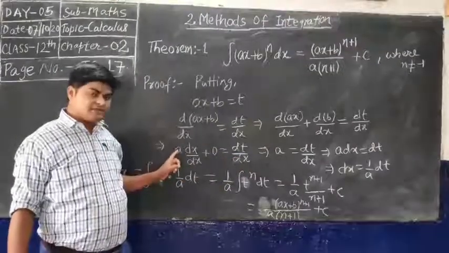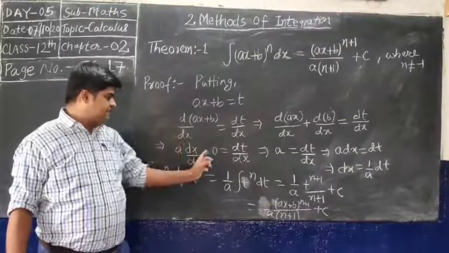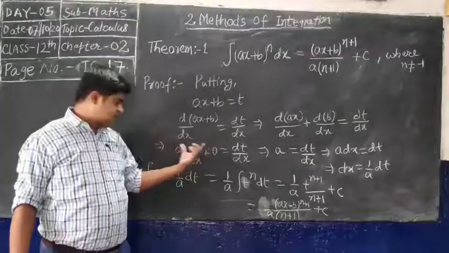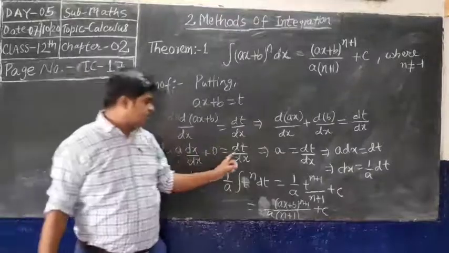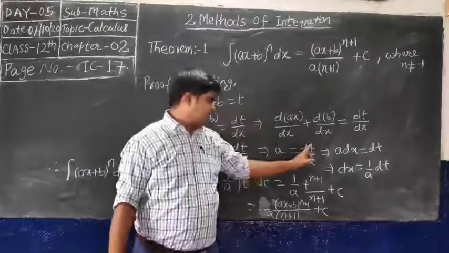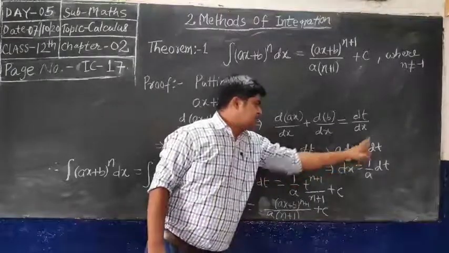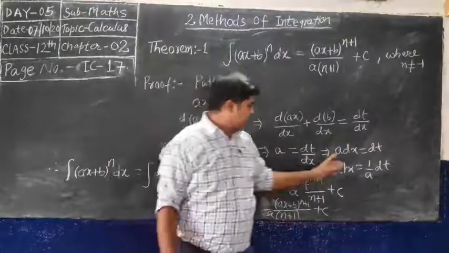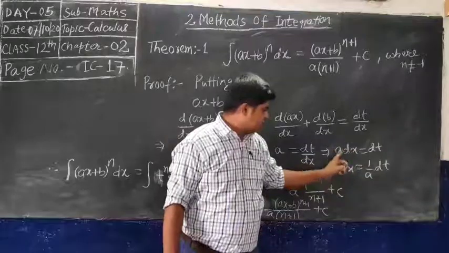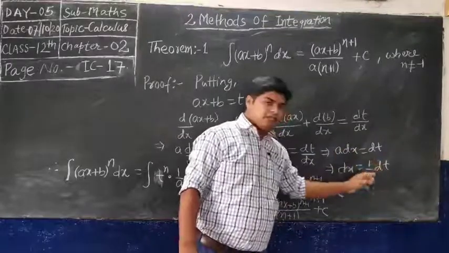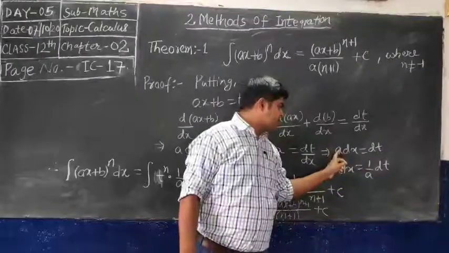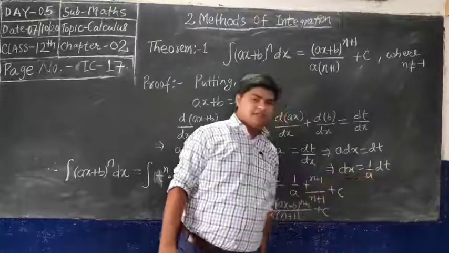So a into 1 plus 0 is a, that is, a is equal to dt/dx. Now it becomes a dx is equal to dt. That means dx is equal to 1/a dt. You will apply the transpose rule here: a goes to the right side as 1/a dt.